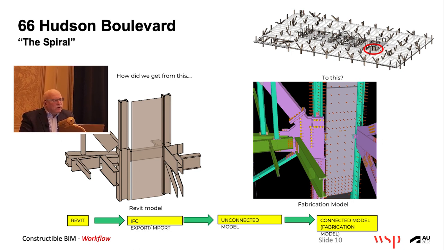So the job starts with a Revit model. When we get our Tekla team involved, we do an IFC export. By the way, this is the Revit model for just a simple component, and I'll get a little more specific momentarily. Then they do an IFC import, and then they make, in your terminology, the unconnected model.